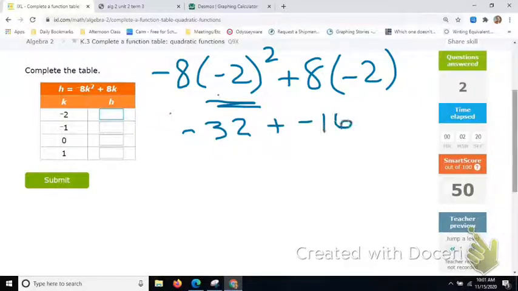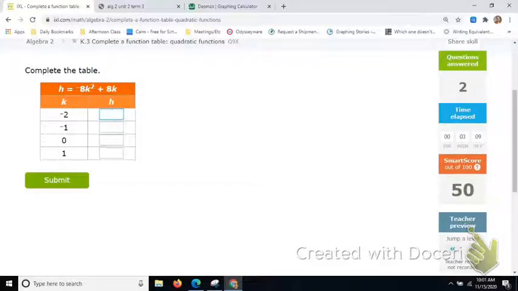And negative 16, negative 48. Try typing that into your calculator. You should be able to type it in all at once, like the first thing I wrote down, and just hit equal once at the end to get negative 48. All right, so that's what's going on in K3. The reason I assigned that is normally if we were doing this on paper, you would have to find points and you would have to complete the table.